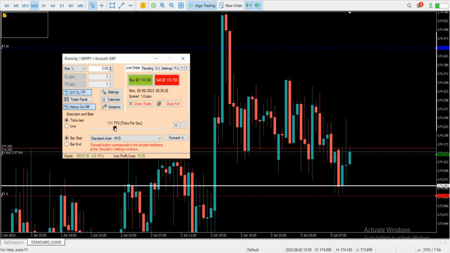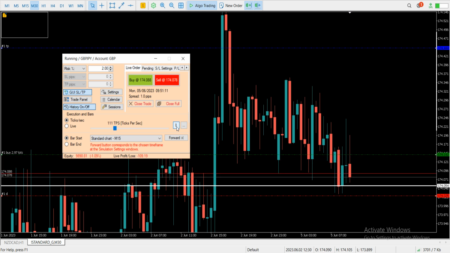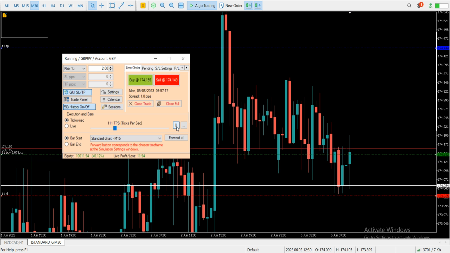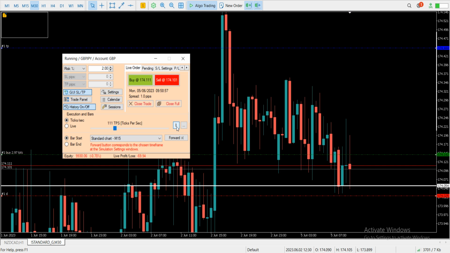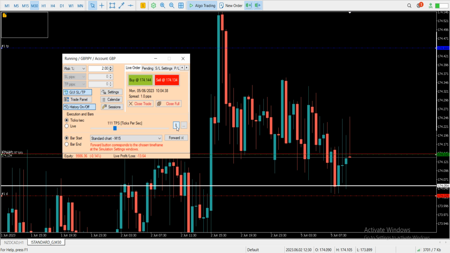Speed it up more. Okay, the new 30-minute candle opened and it broke the high of the previous candle.